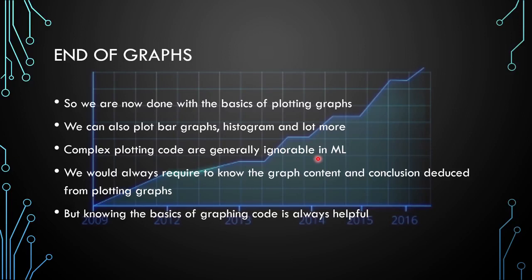You don't need to know how to plot those complicated graphs, but you must know these basic stuffs. If you see the code, it should not go blank, right? You should be able to write it. And you can also build up plotting code if you have the basics of knowledge, as I showed you today.